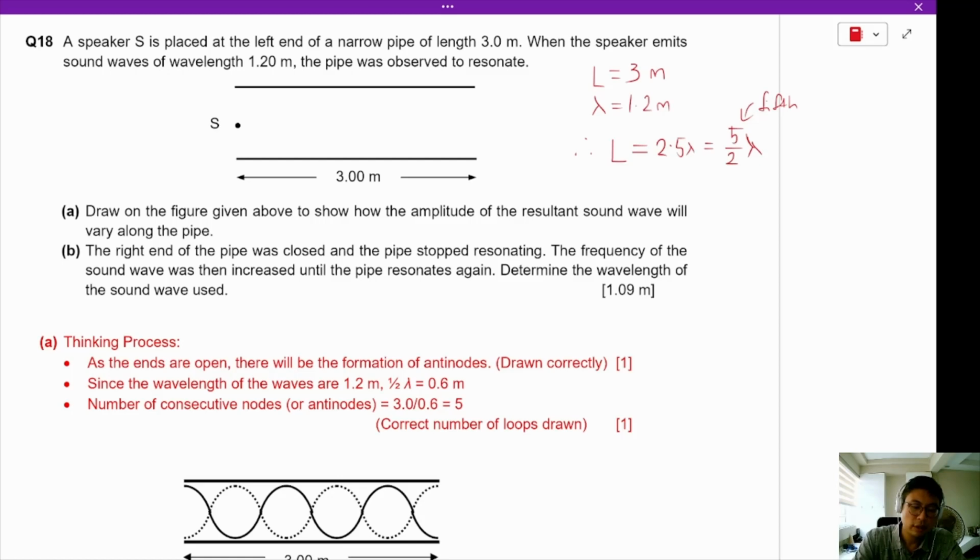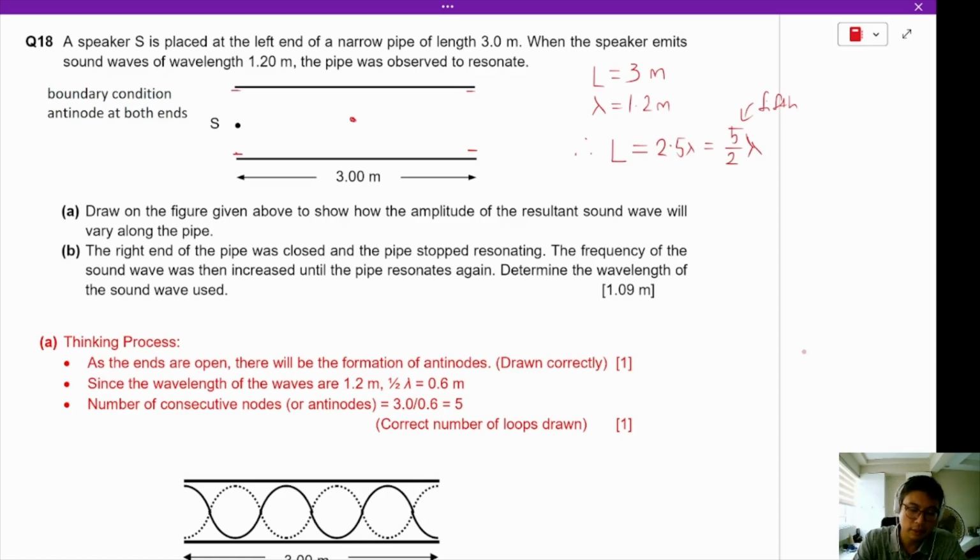Now, the boundary condition for the pipe that's open at both ends is antinode at both ends. The boundary condition being an antinode at both ends means that we'll put an antinode here and an antinode here. This will be the fundamental. Fundamental will have one node inside. Now this is the fifth harmonic, so we're going to have to add more nodes.